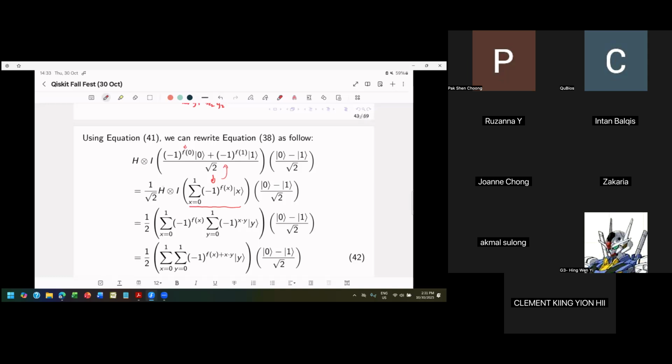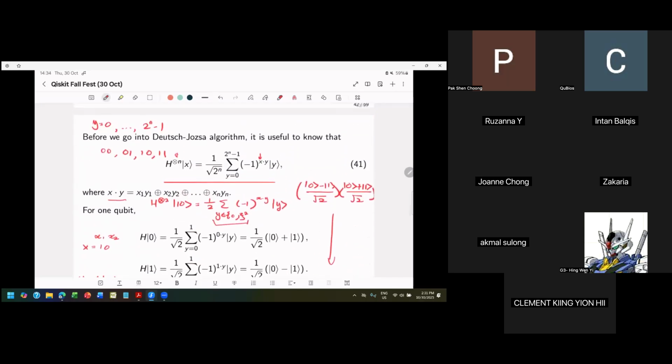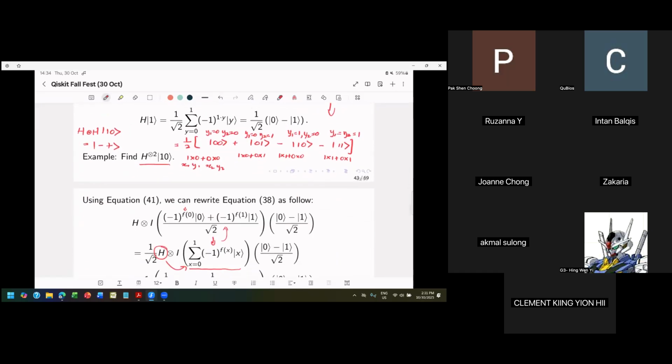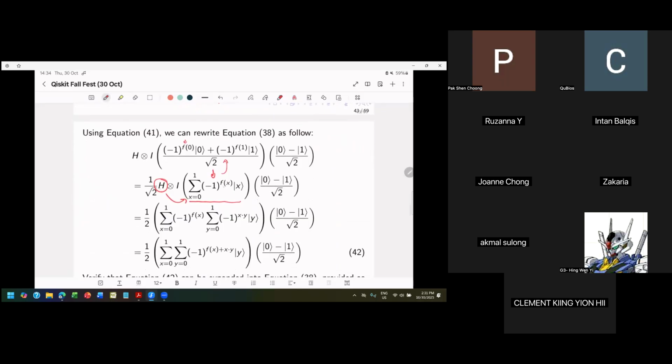Now we try to apply this Hadamard gate into here using equation 41. The reason is not obvious right now, but you'll see why we want to do that later on. So how can we generalize this using that equation? Remember, this is the left side, and the left side I just move out. The summation is the same thing.